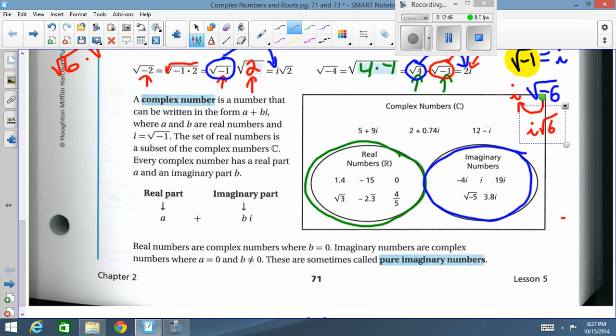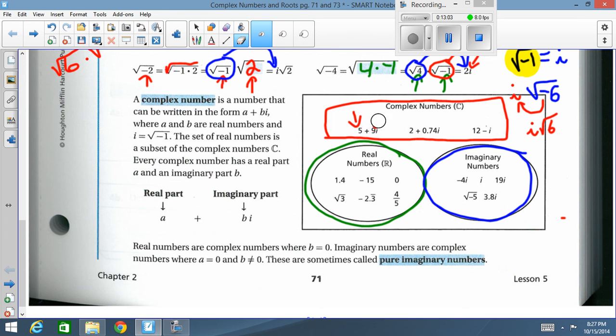Whereas complex numbers, well, these are made up of one real component and one imaginary component. Each of these has a real component, which would be the 5, the 2, and the 12, and each of these has an imaginary component as well.